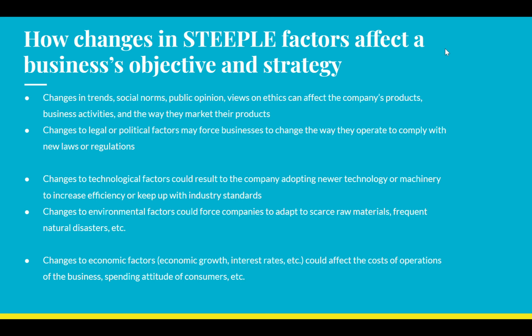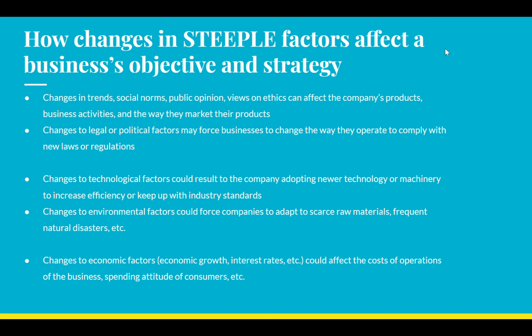Changes to environmental factors, they could force the company also to adapt to scarce raw materials, frequent natural disasters, etc. And also in social pressure group cases, you can argue that if the country which the company is migrating into has a very strong opinion regarding sustainability and your company is not sustainable, you're probably gonna have to make that change in order to adapt to the social and cultural difference of the country the company is migrating into. So that is a very important factor that needs to be taken into consideration as well.